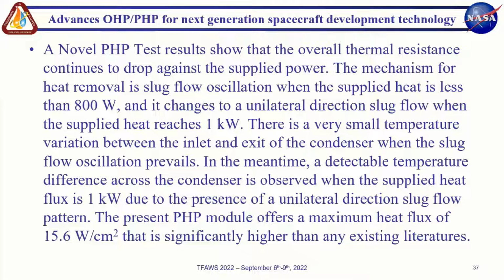The condenser absorbs while the supplied heat flux is 1 kilowatt, due to the presence of slug flow patterns. The present PHP model reports a maximum heat flux of 15.6 watt per square centimeter, which is significantly higher than any existing literature. Next, please.